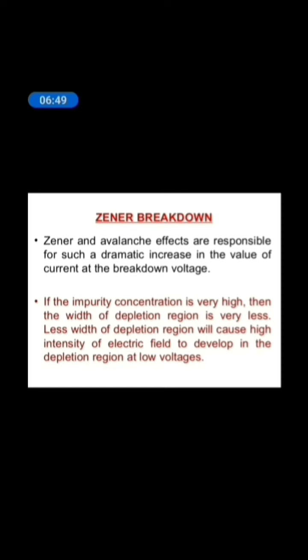Less width of the depletion region will cause high intensity of electric field to develop in the depletion region at low voltages. Now, if the depletion region is very small, then if we apply a very small voltage across the junction, then it will develop a very high electric field.